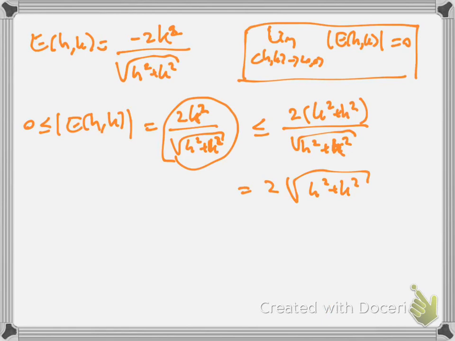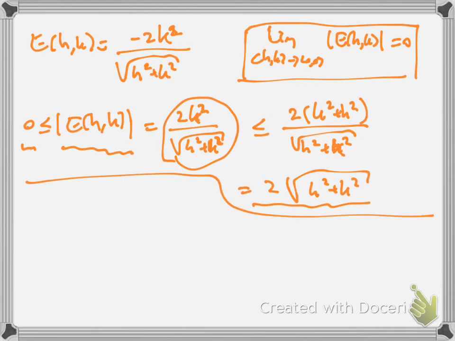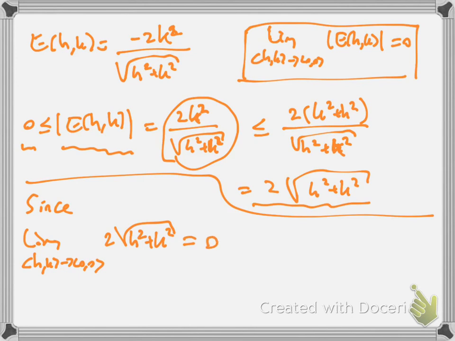Okay. And now we're in a prime position to apply the squeeze theorem, because the thing that we want in the middle is bounded below by 0 and bounded above by this. So now we can use the remark that the limit as h, k goes to the origin of the right hand side, which is 2 times the square root of h squared plus k squared, is equal to 0.